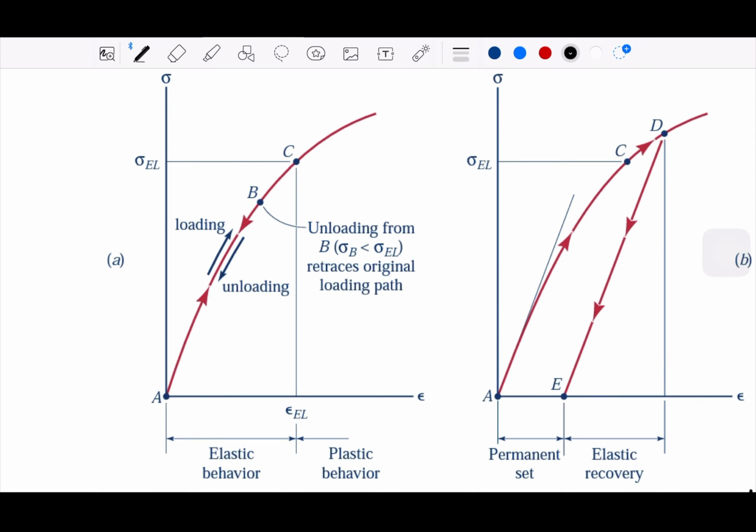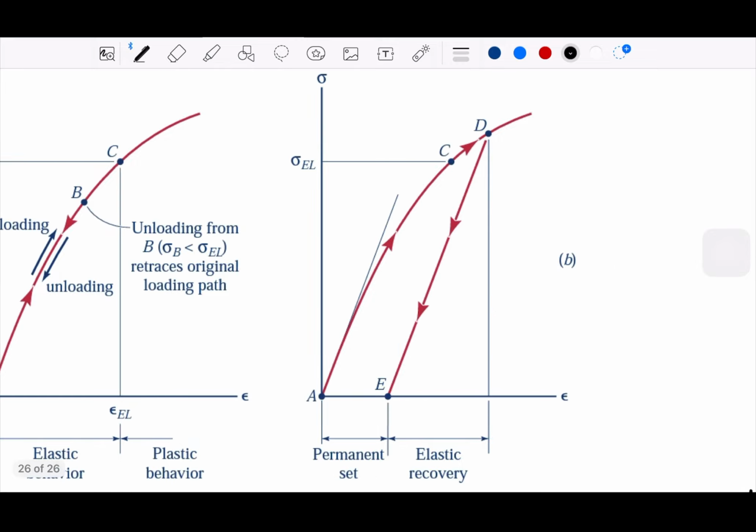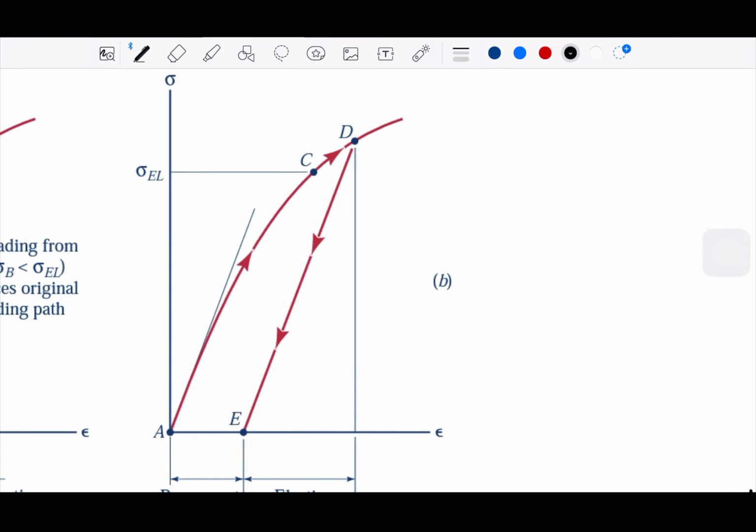Now look at the right. What's the difference? If we put loads until D, so we pass point C, and then release, we trace a line that is proportional to the elastic slope.